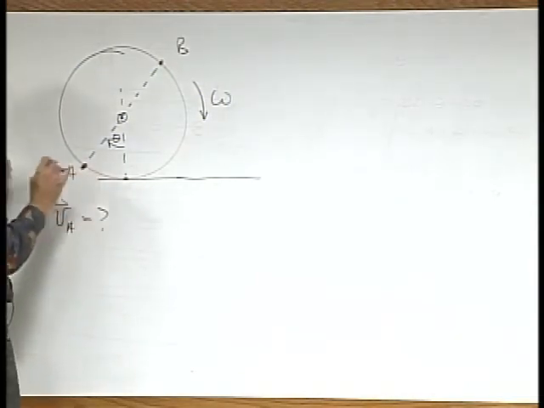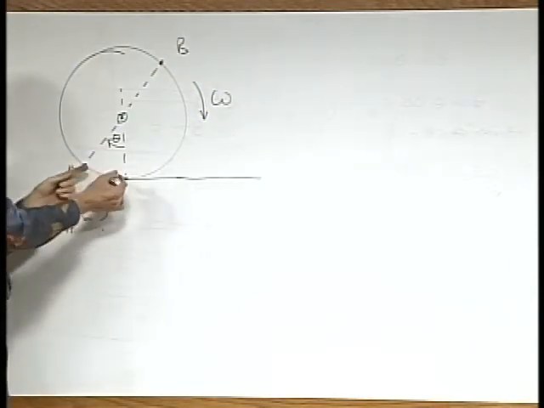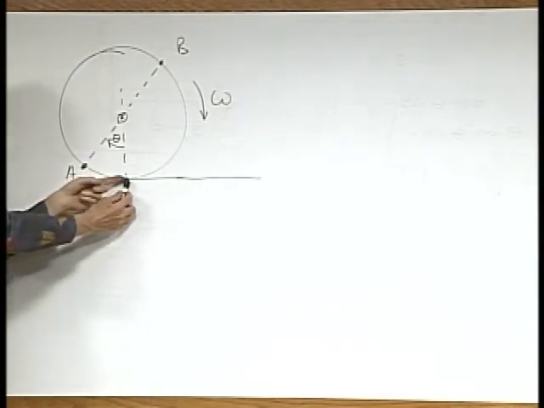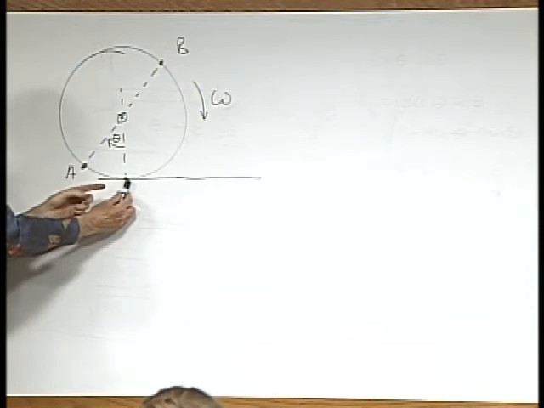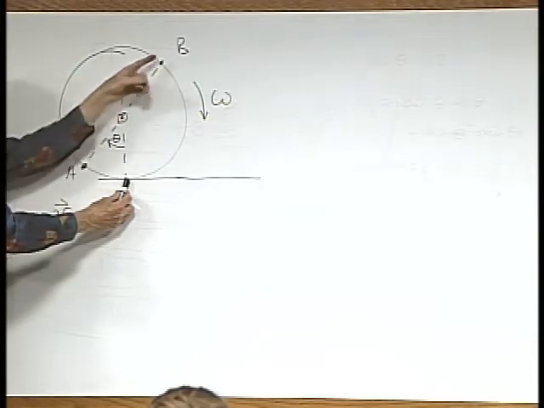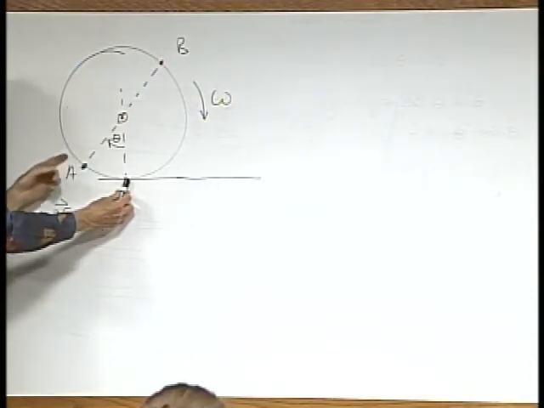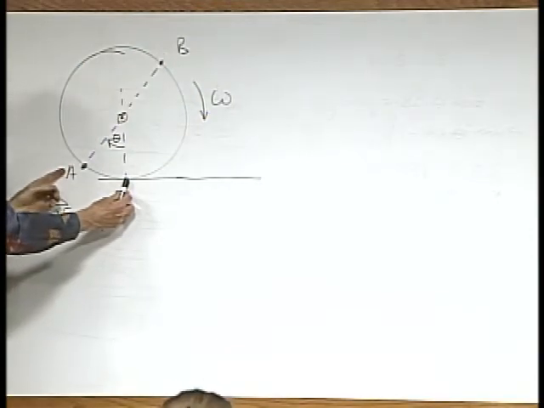Now, you're talking about position vectors? Yes, position vectors. If we wrote a position vector from here to A, here to B, and then from B towards A, and differentiate, the trouble is we don't know what's going on at either of those points.